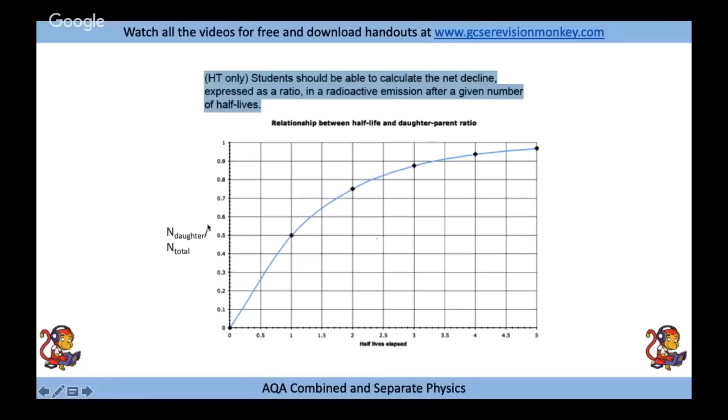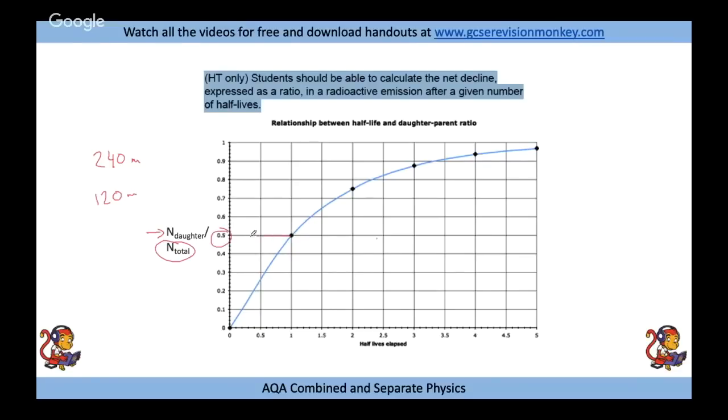Now, you may also see it on a graph. This is a nice way of looking at it. We've got here the number of daughter atoms. The daughter is the product after it's decayed, compared to the number that we started with. Now, let's say we started with 240 million atoms. Well, then after one half-life, we're going to have 120 million atoms. And as a ratio, that would be 0.5.